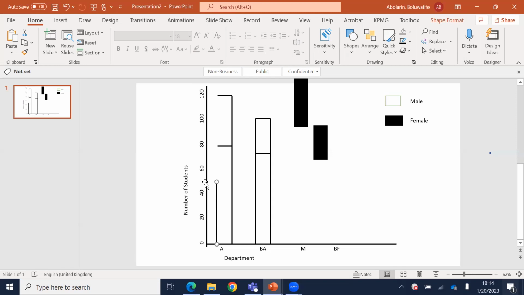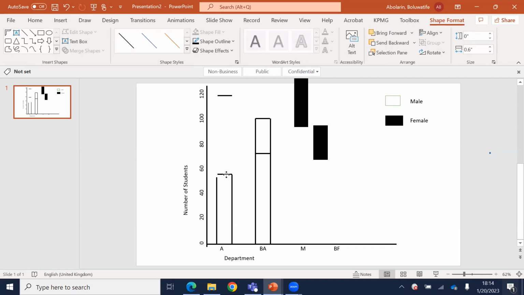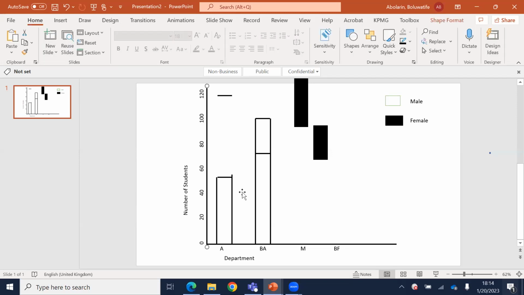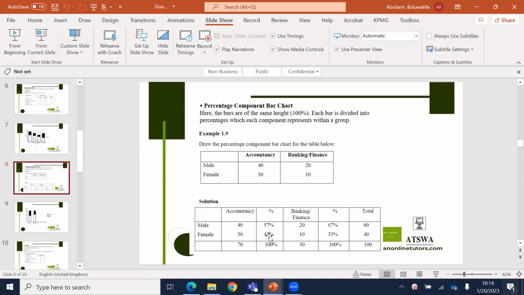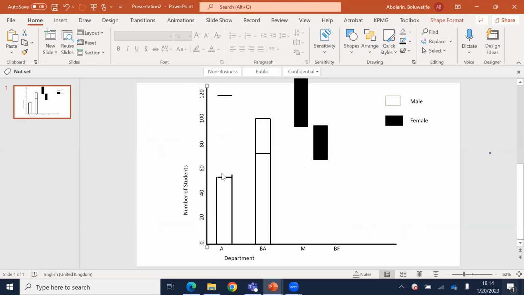If this half is 50, so it will be a bit higher, 57. This is where the male is supposed to be, 57. And the second one says 43, which means that when you add the two together, it gives 100. So we just draw the second line to where 100 is, because 57 plus 43 is 100.